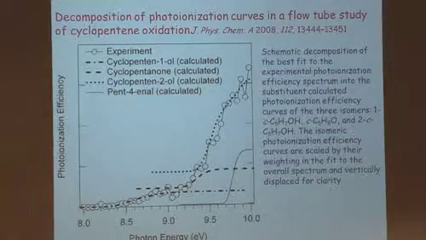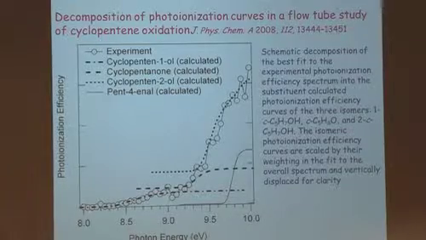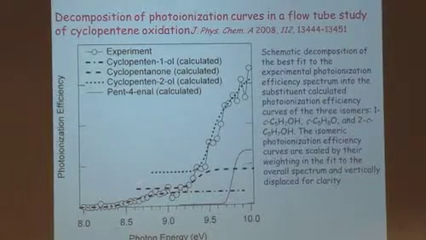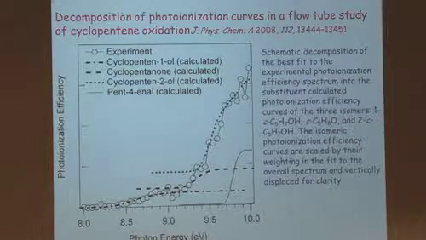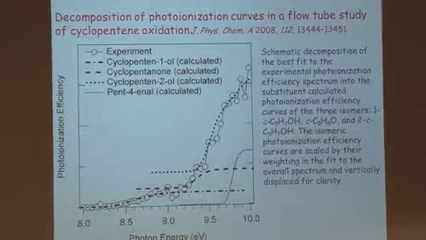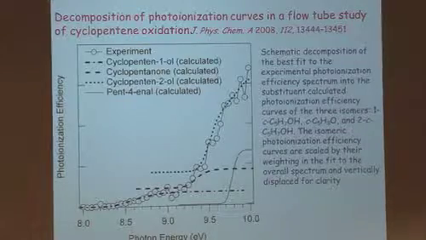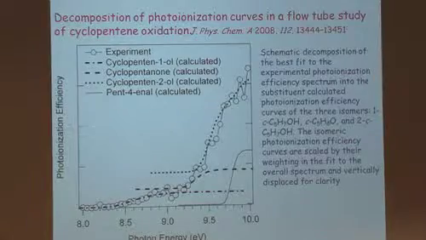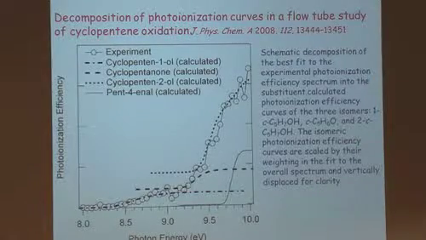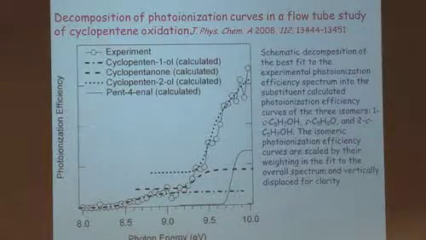These are all isomers, but as we discussed before, they have different photoionization thresholds. Despite the fact that they all have the same mass, by using the photoionization thresholds and this photon energy curve, they can determine the concentrations of these different isomers in their reaction systems.